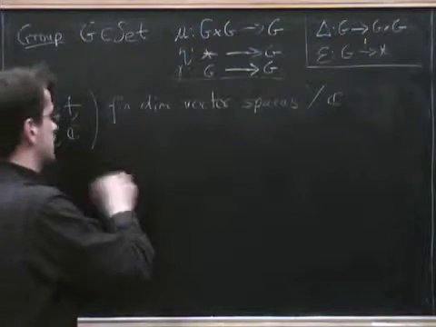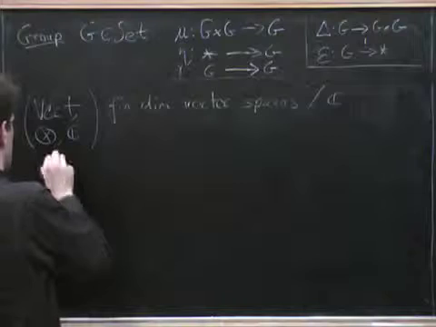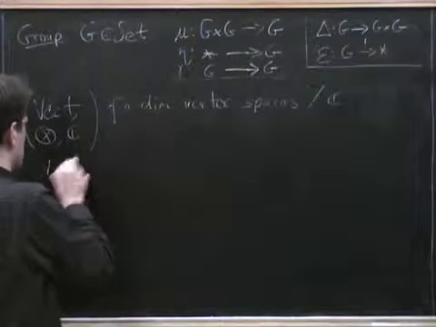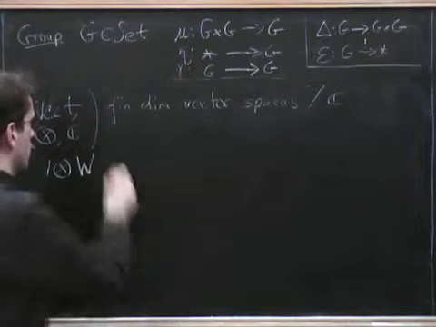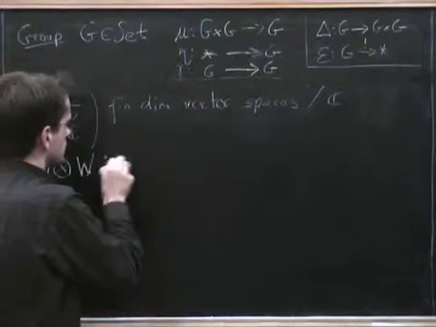So what is the tensor product? The crunch is how is this thing defined? If we have two finite dimensional vector spaces V and W, we define the tensor product in the following way.